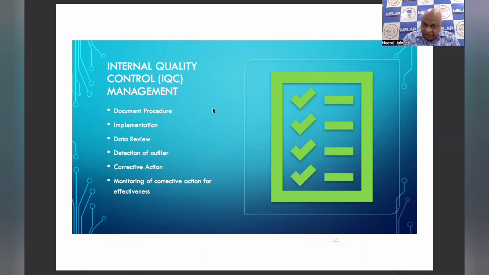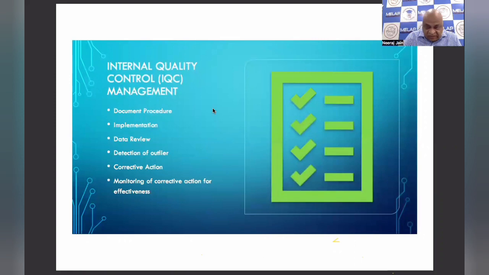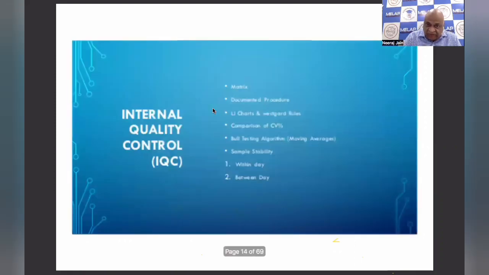This is how IQC is managed. Controls should be similar to patient samples. As I said, I'm emphasizing in this point, you shall have a documented procedure. Then it shall be implemented and the data reviewed.